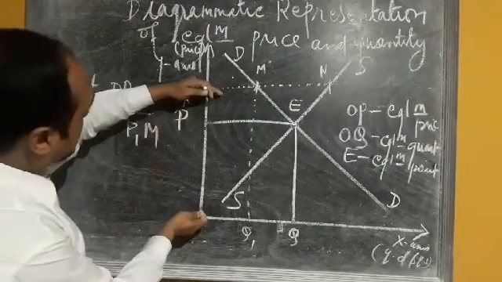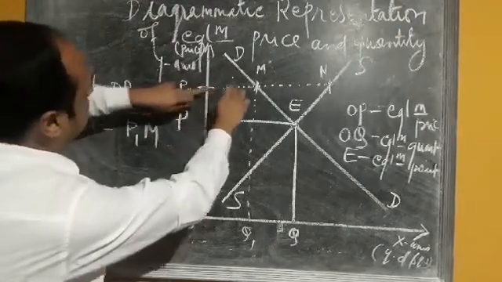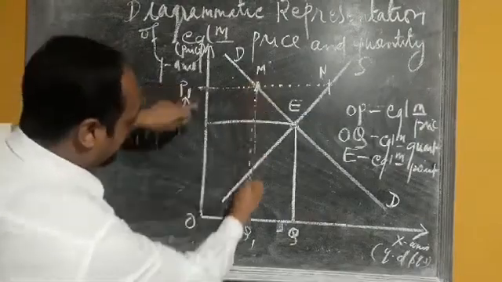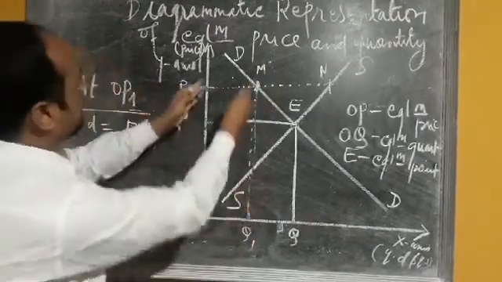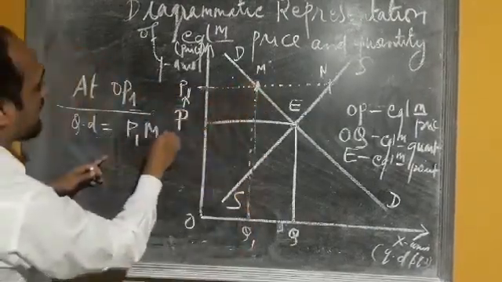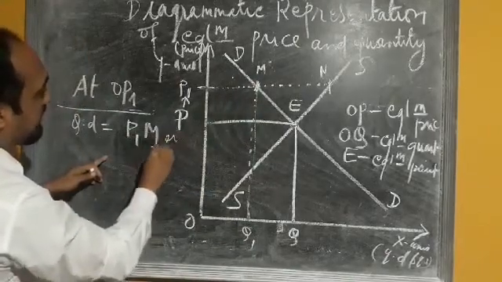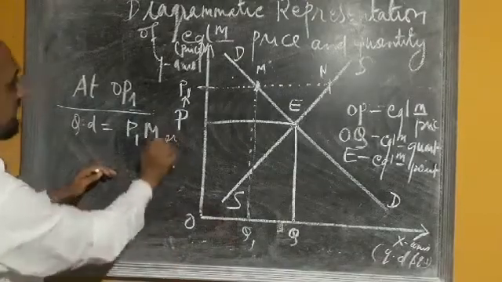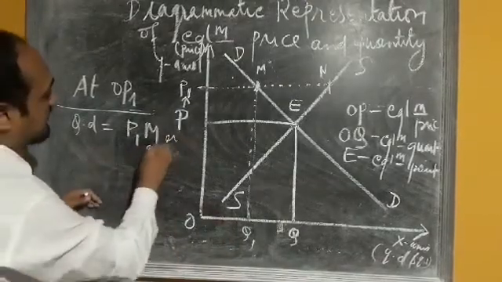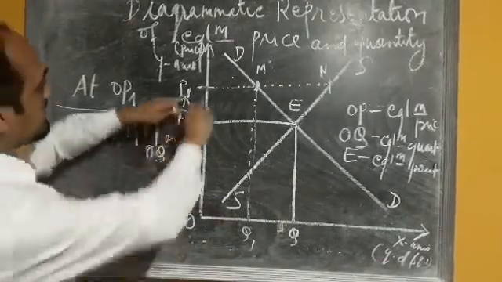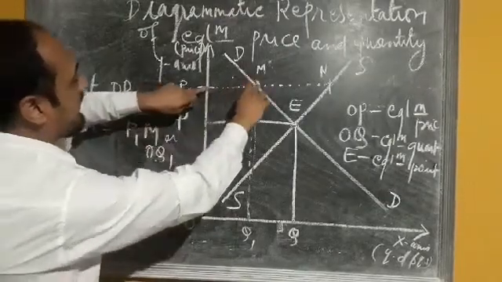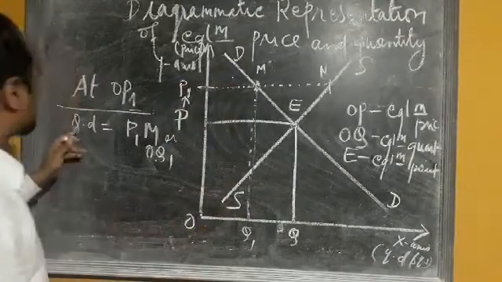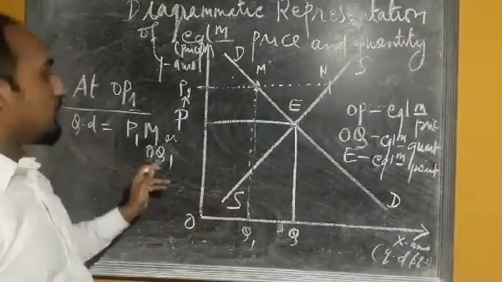Once again, at price OP1, this line intersects the demand curve at this point. So you can consider either OQ1 or P1M. These two are the same. So quantity demand is P1M or OQ1.